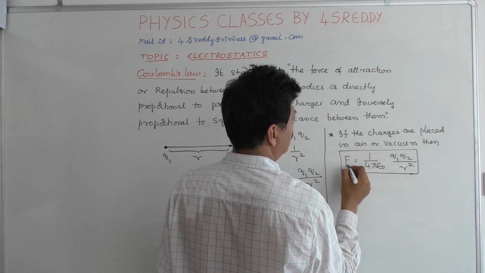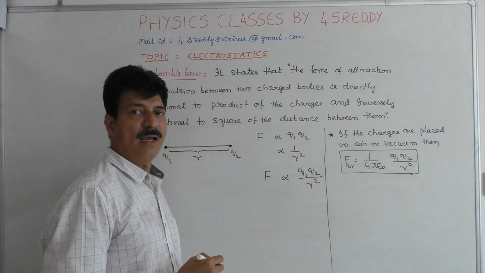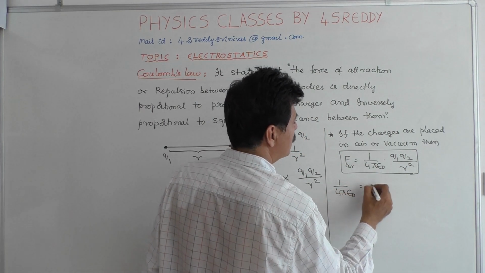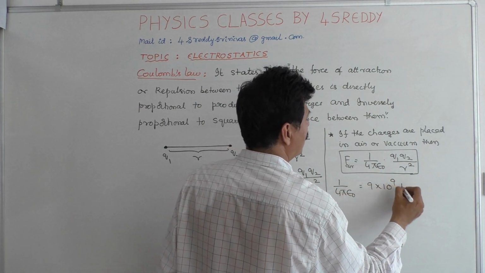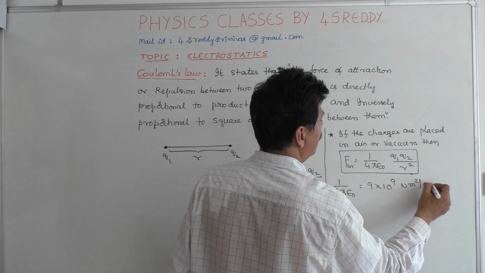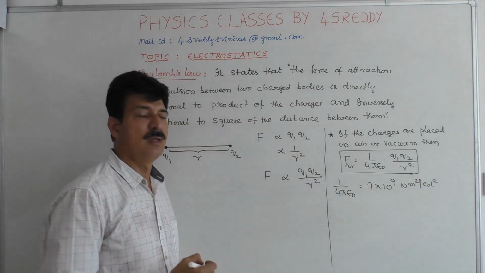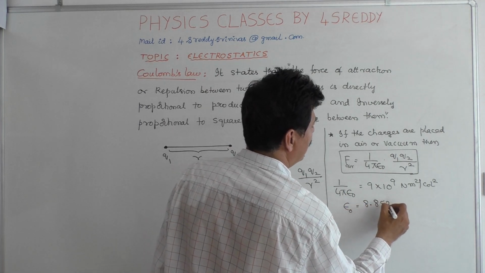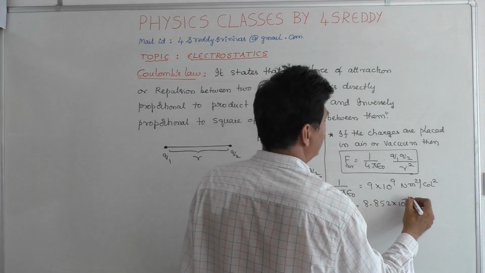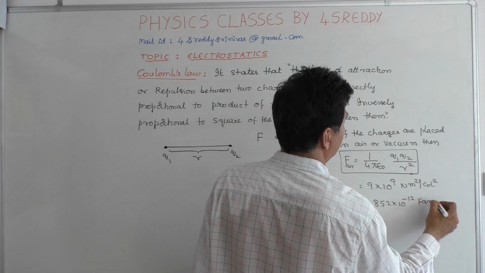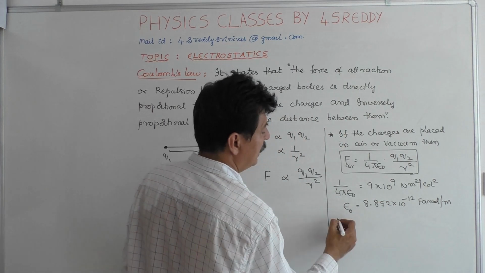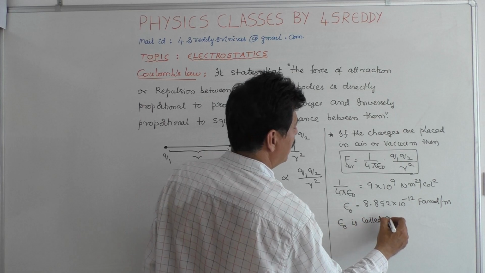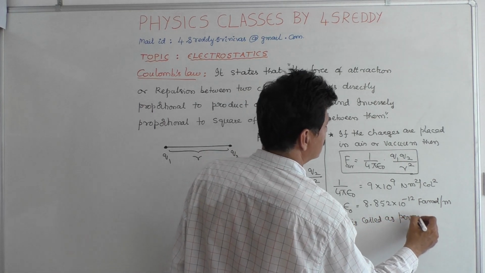Here 1 by 4 pi epsilon naught is equal to 9 into 10 to the power of 9 newton meter square per coulomb square. And epsilon naught is equal to 8.852 into 10 to the power minus 12 farad per meter. Here epsilon naught is called the permittivity of free space.